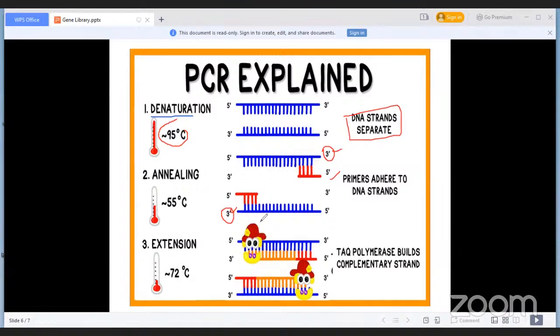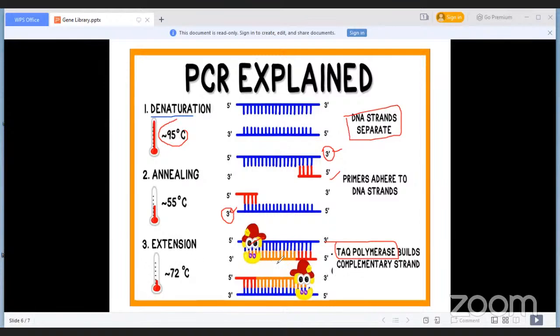Before extension, it is this one. DNA polymerase, Taq polymerase, is added. Apart from Taq polymerase, deoxynucleotide triphosphate is added to this strand.